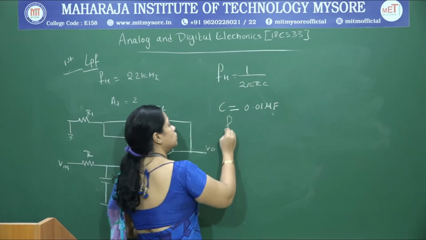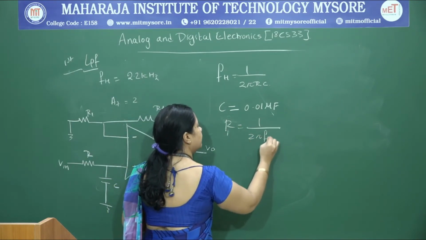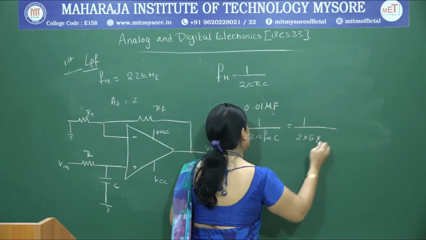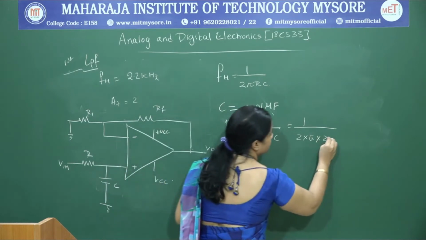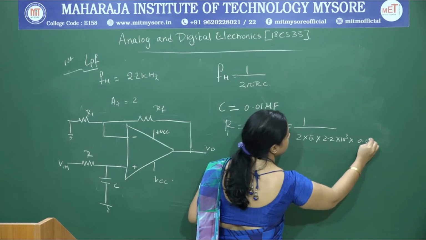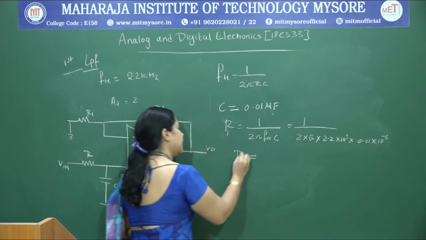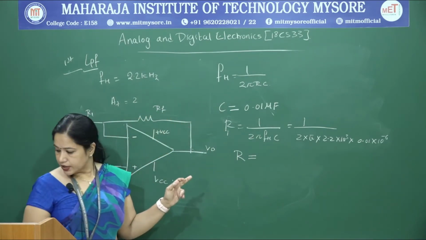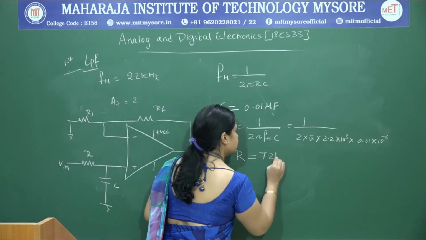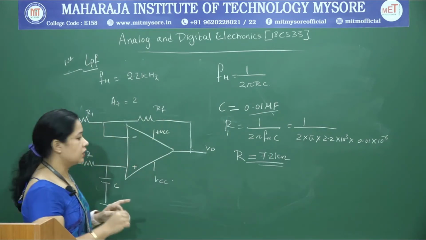Substituting these values, R becomes 1 by 2 pi FH C. So it is 1 by 2 into pi into 2.2 into 10 power 3 into 0.01 into 10 power minus 6. If you substitute these values and use a calculator, you will get a value of 7.2 kilo ohms. So we are done with designing the filter for the given cutoff frequency.